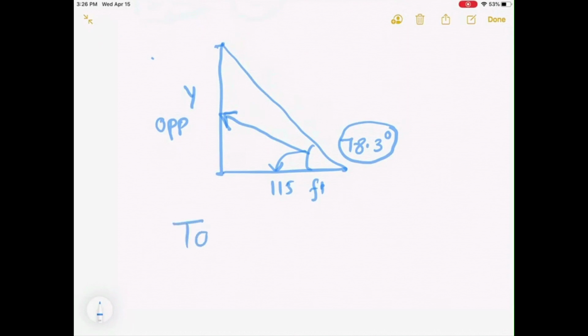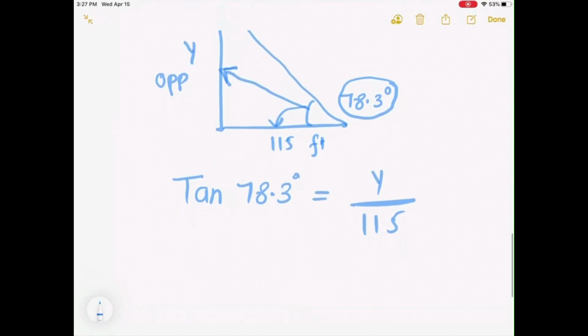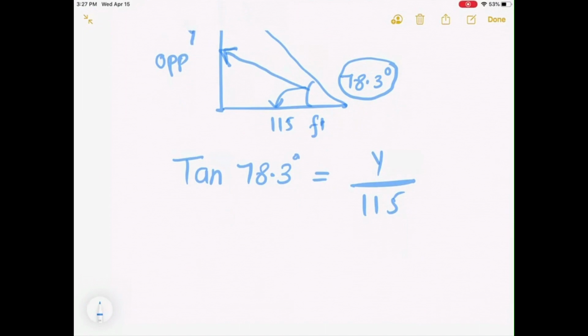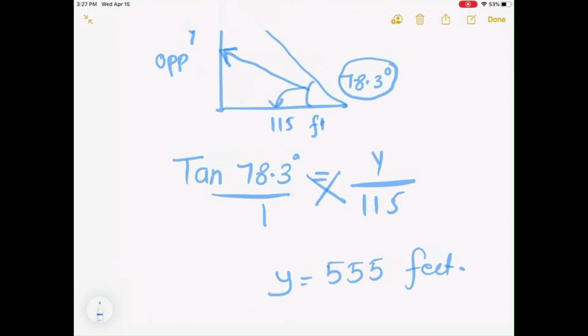So I'll set this up as tangent 78.3 degrees equals its opposite, which is missing, over 115. Now this becomes a normal algebraic equation, so I'll solve it by cross multiplying. Finally, y is equal to 555 feet.